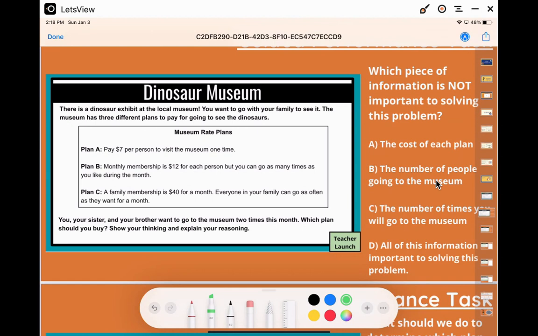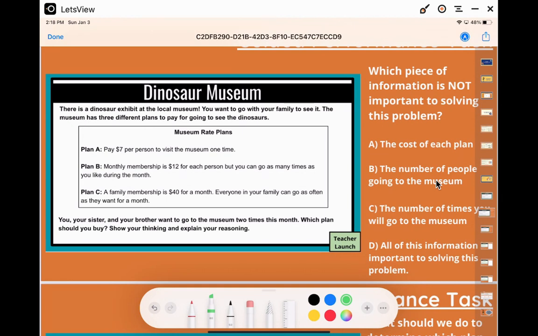Is it B, the number of people going to the museum? Is it C, the number of times that you will go to the museum? Or is it D, all of this information is important to solving this problem? Again, take a couple seconds to look at the problem and think about it before it pops in the Nearpod.